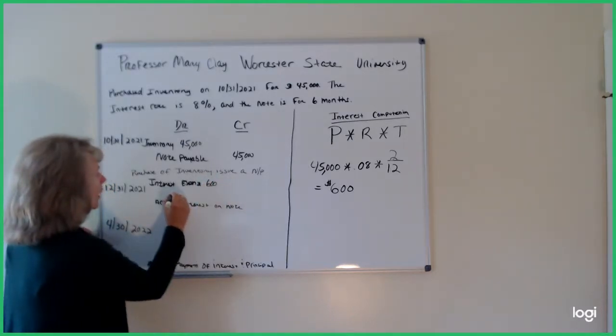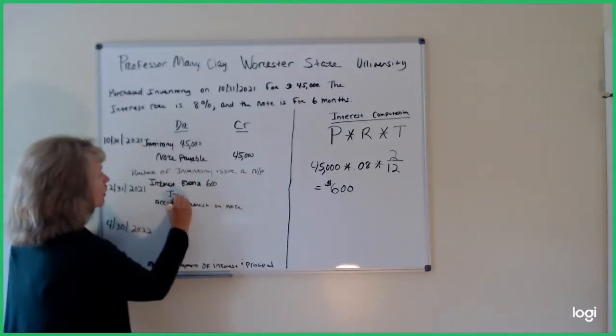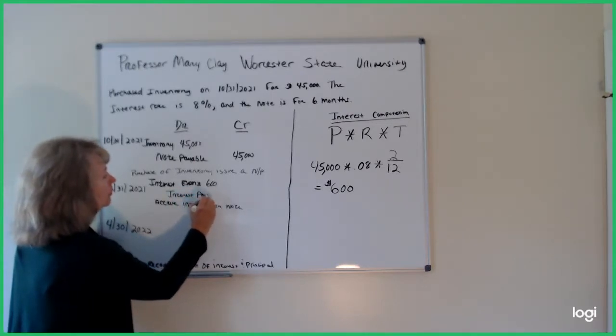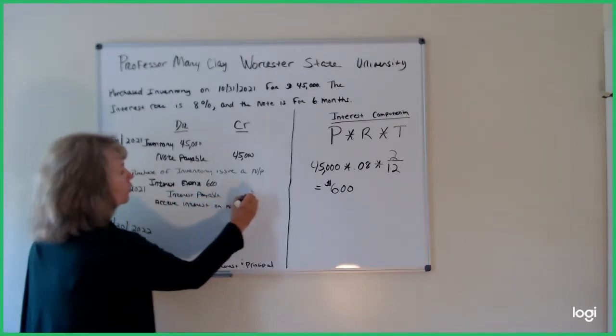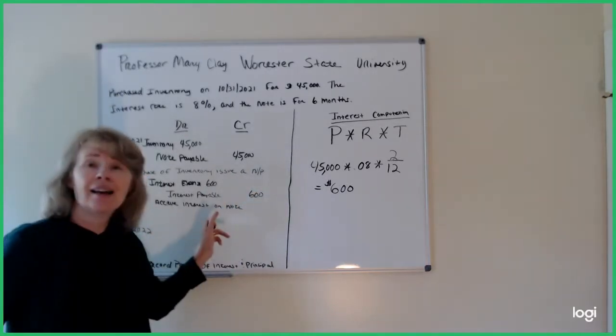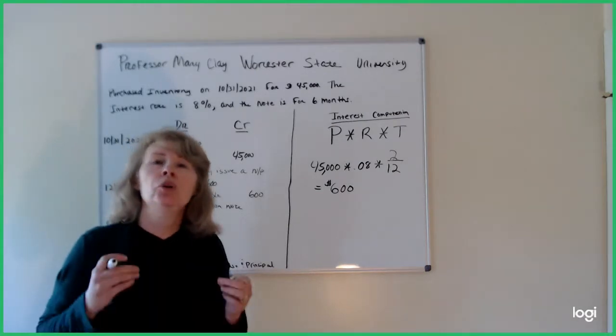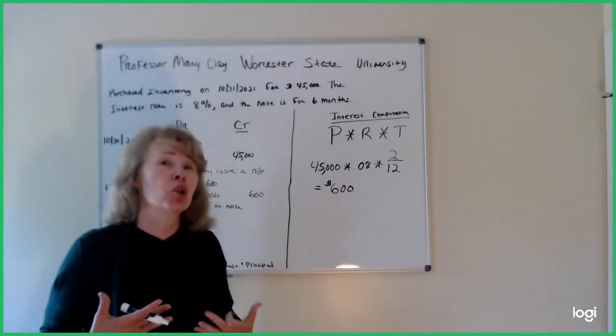And we're going to credit interest payable, $600. That's telling us we need to pay it. We have not paid it yet. We will not pay it until it matures.